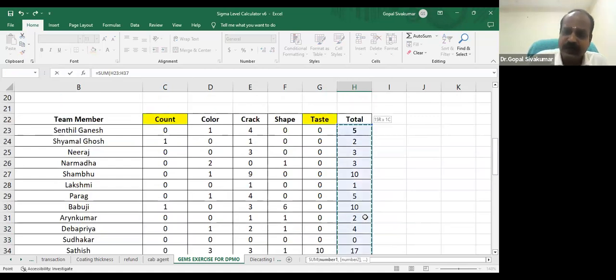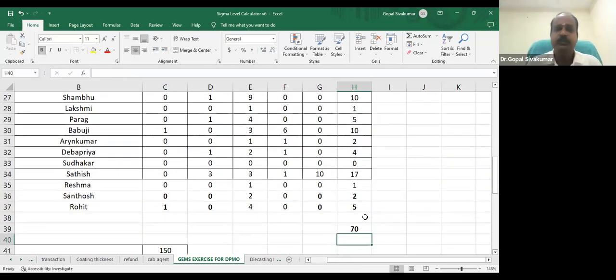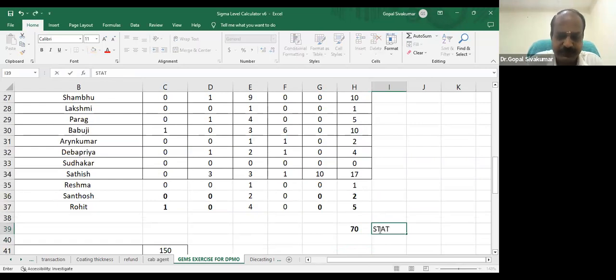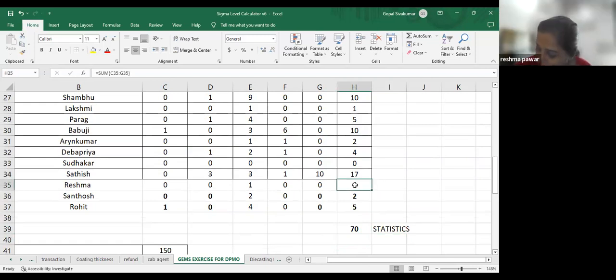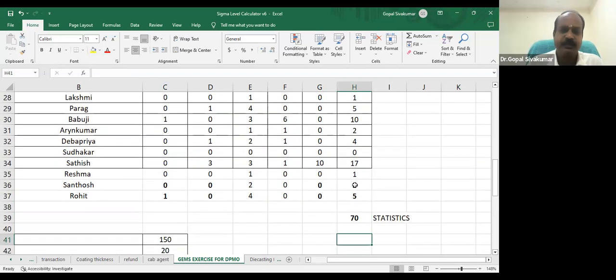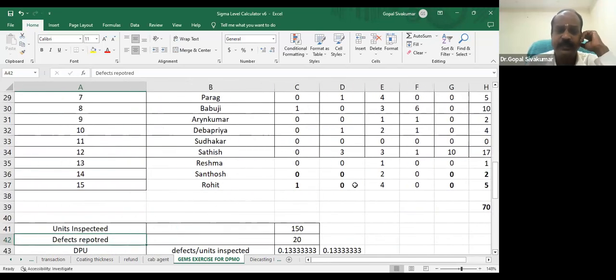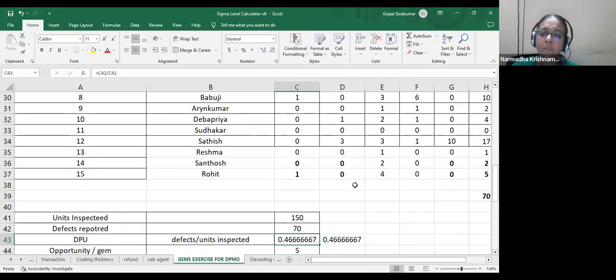When I calculate a certain value using the data, the calculated value is known as a statistic. If I calculate something using my data, the calculated value should be called a statistic. In this case, it is the total. So totally how many defects reported? 70, right? 70.